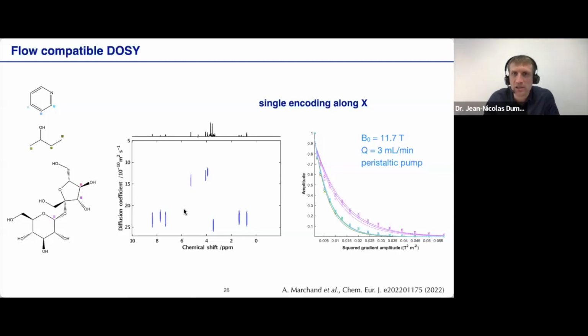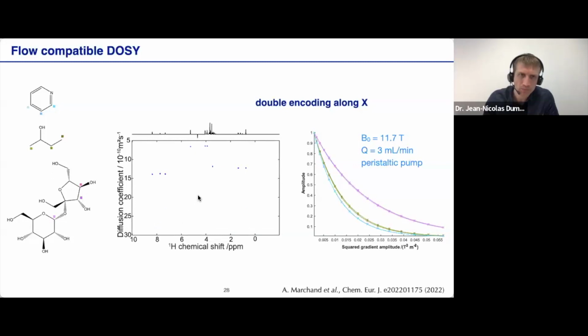But nicely enough, if we do combine the two, if we use double diffusion encoding with a transverse axis, we can get diffusion NMR data that is essentially as good as that obtained on a static sample.